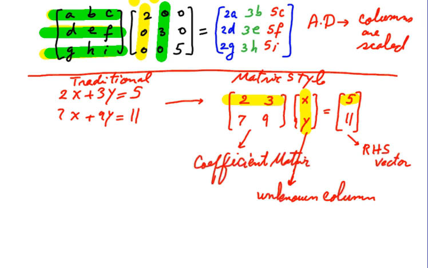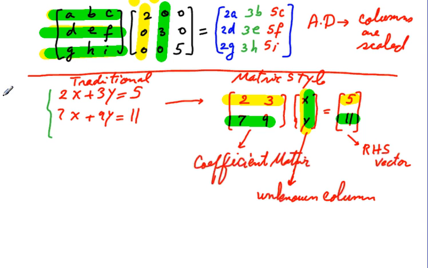Similarly, if you multiply 7, 9 with this x, y, you get 7x plus 9y, and it is equal to the corresponding entry on the right hand side. So a matrix style just represents matrix multiplication, and can show a traditional system of equations.